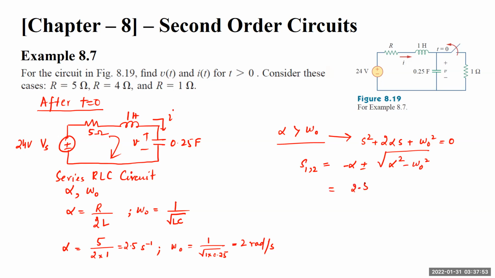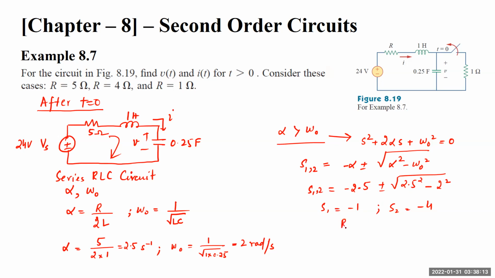Alpha is 2.5, so minus 2.5 plus minus under root 2.5 square minus 2 square. So my two solutions, S1 will be minus 1, S2 will be minus 4.